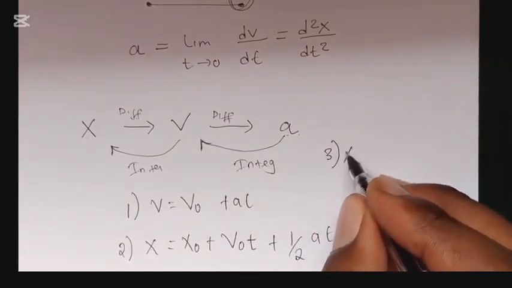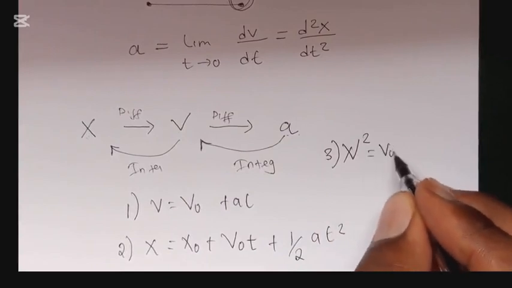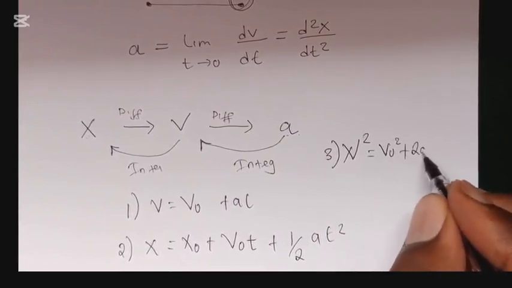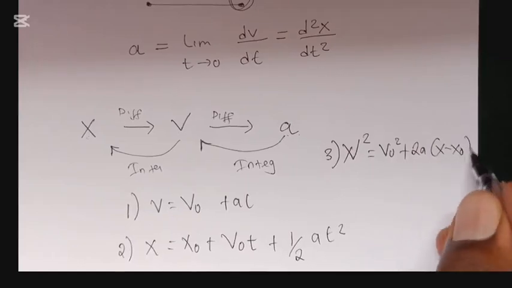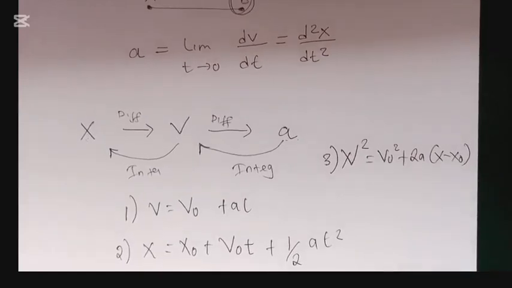The third one will be v squared is equal to v0 squared plus 2a times x minus x0. You're supposed to know these equations, and know how to come up with them using algebra or calculus. This is what you're supposed to know in the introductory part of kinematics. In the other part, we can now do questions involving what I've already talked about.